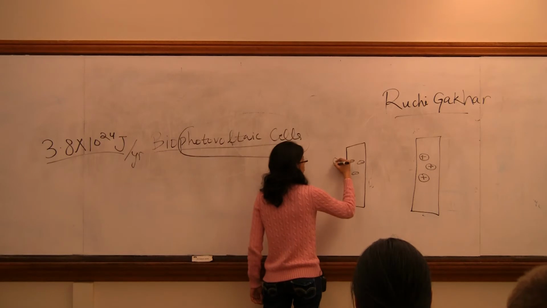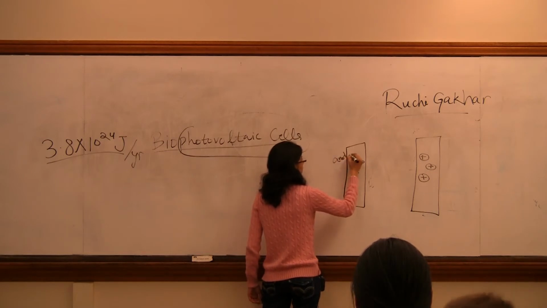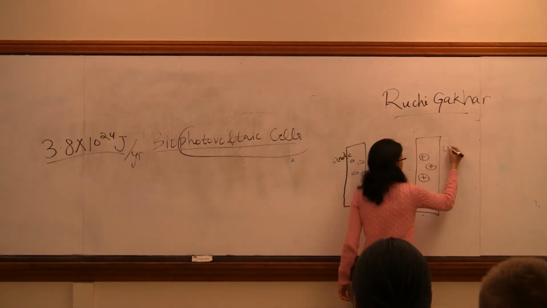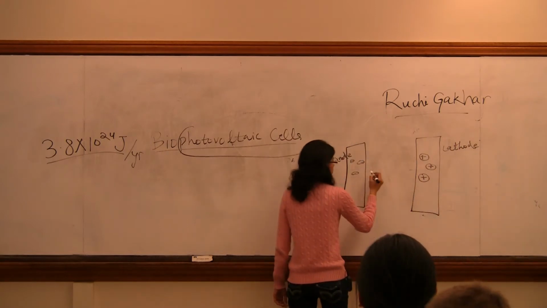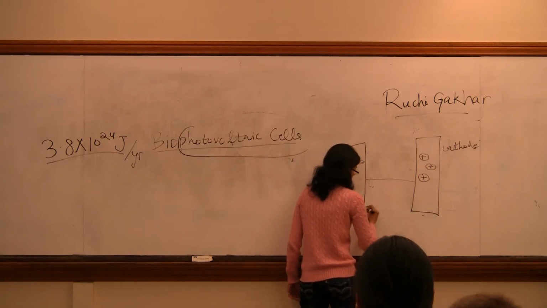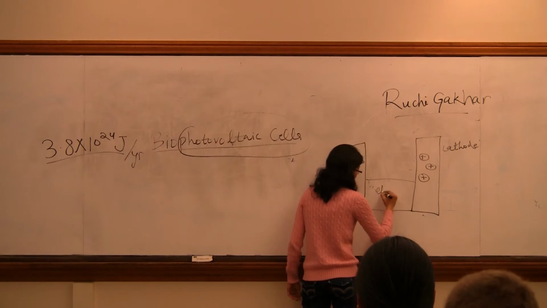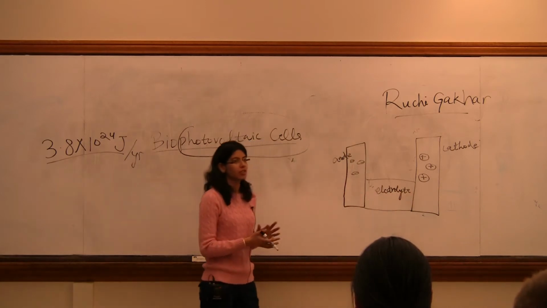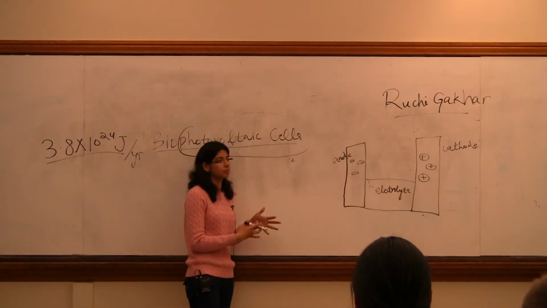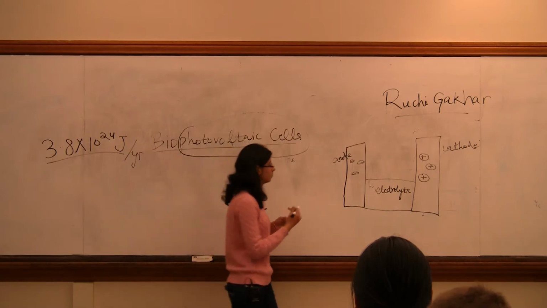This is known as anode and this is known as cathode. Between these two layers we have a chemical species we call as electrolyte. It can undergo both oxidation and reduction, so it helps in completing the electrical circuit.